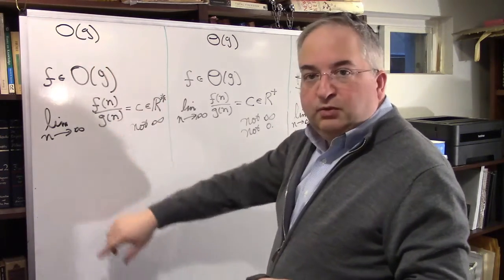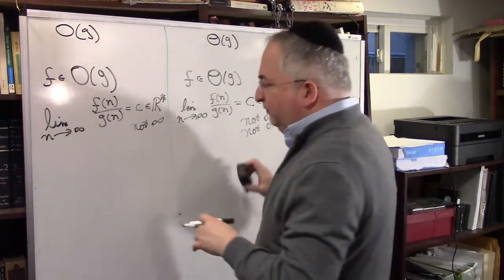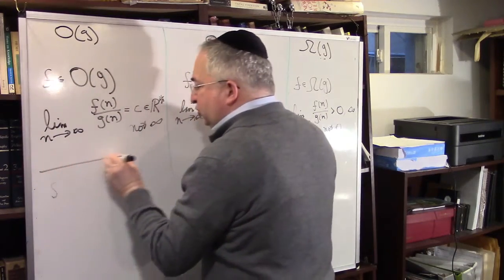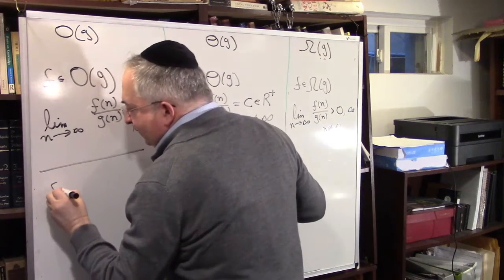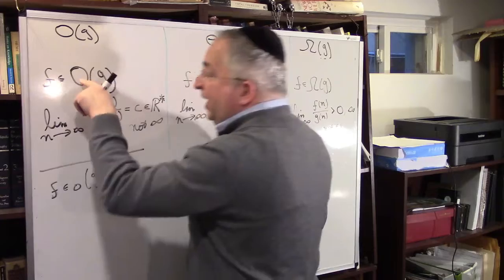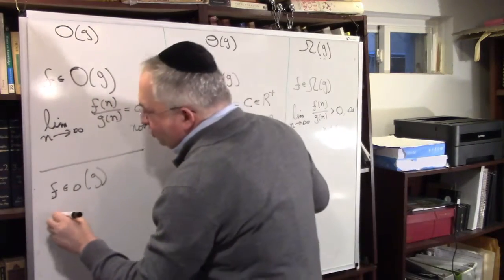Now, there's a special subclass of these guys. Capital O of g, remember the way we drew it, small o of g is a subset of capital O of g. So let's do that. f, okay, so I'm going to draw a little line here, but we're talking about this. f is a member of small o of g, not capital O of g, but small o of g, if the following thing is true.